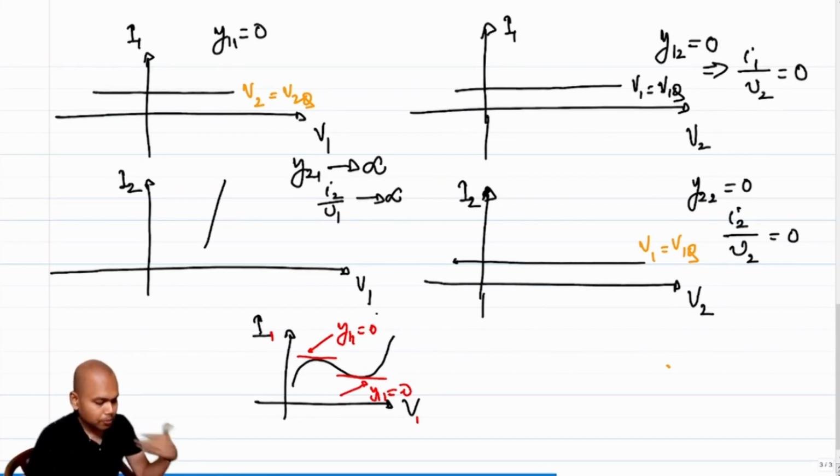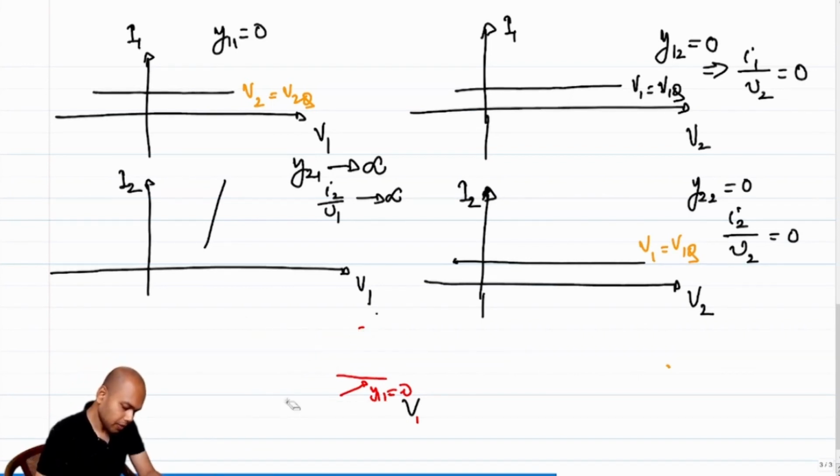Because we have simply extrapolated what we could have gotten from the slope, and it need not necessarily be that the slope has to be constant for all values of I1 and V1. So that is something we should keep in mind, right? Now with that disclaimer, let me now take some specific cases.